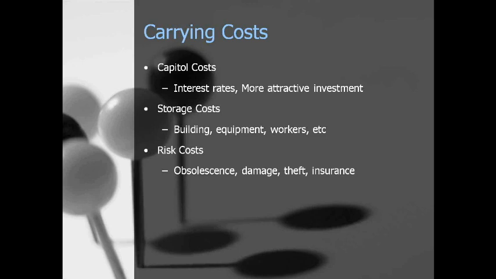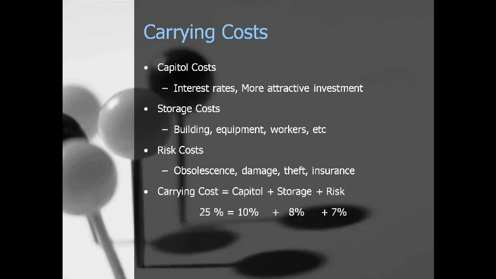If your product is damaged by a leaky roof on some of these summer rains that we've been having, or if it is susceptible to being stolen, or another risk cost is the insurance that you pay to protect against these things happening. So we have 3 types of costs that go into the cost of carrying inventory at your location: capital cost, storage cost, and risk cost.